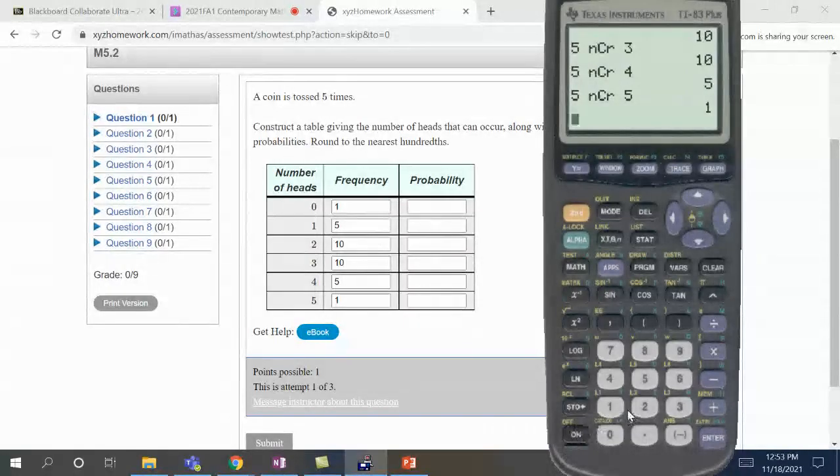For our first probability, we have 1 divided by 32, and that's 0.03. Next, we have 5 divided by 32, which is 0.16. Next, we have 10 divided by 32, which is 0.31.